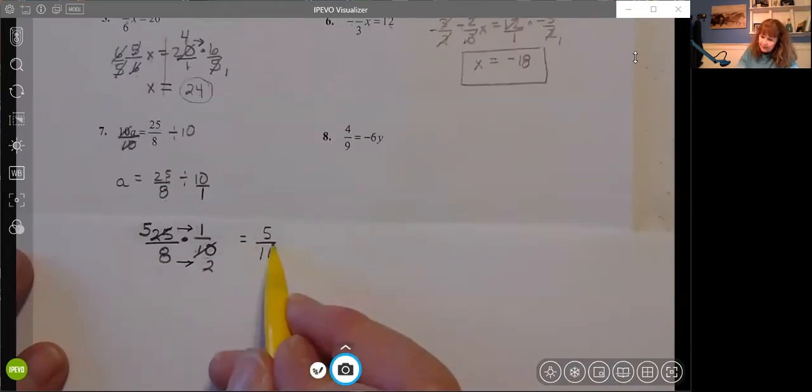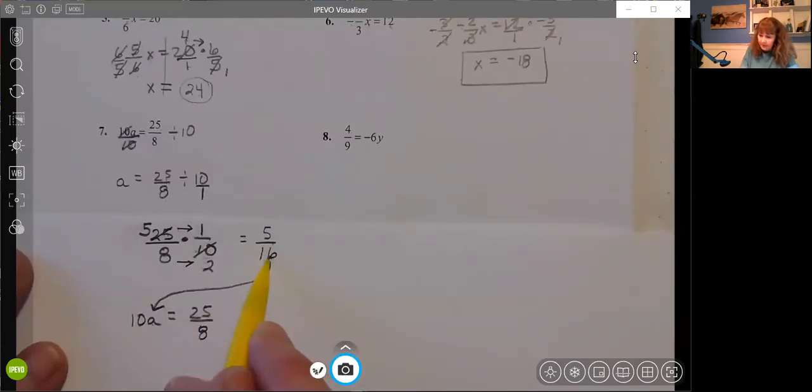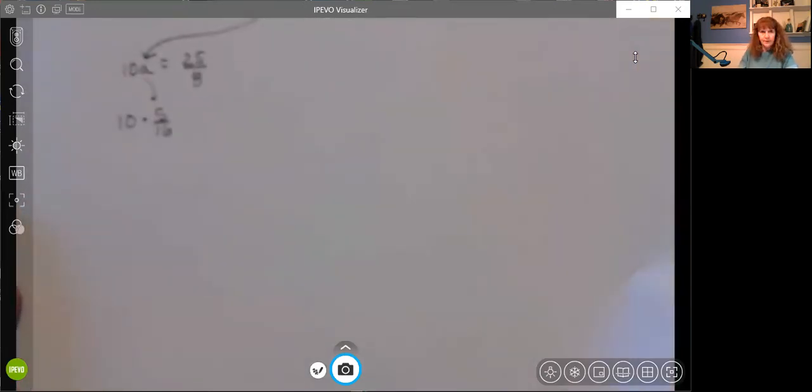If you were to put this in for a, because our original was this, when you take 10 times the a, this number, you should get 25 eighths. Let's see. a is 5/16. We're checking our answer here.